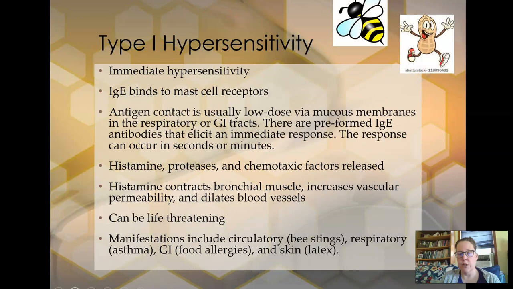All right, so the type 1 hypersensitivity is classified by mechanism. It is an immediate hypersensitivity, so it happens within minutes to hours. This one is IgE mediated, and IgE will bind to the mast cell receptors. So let's use bee stings again as the example.